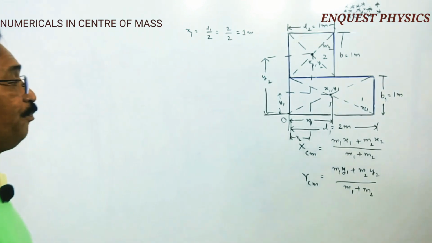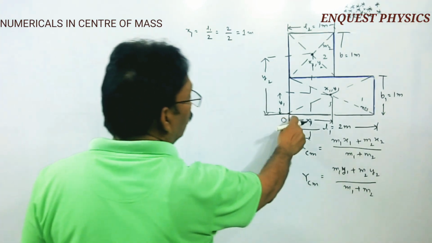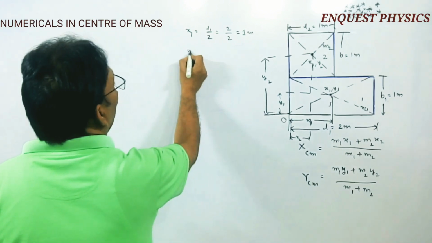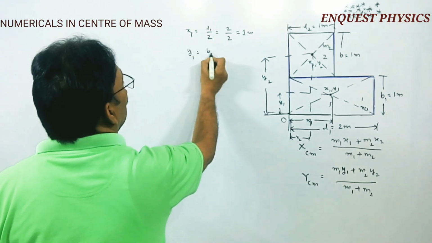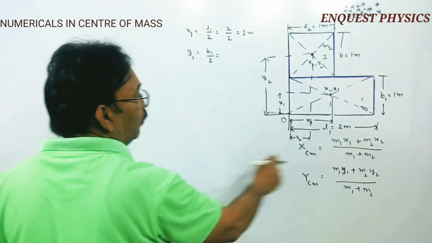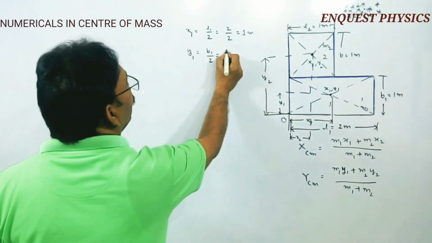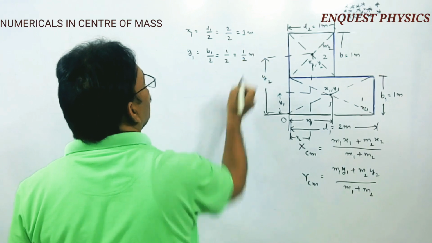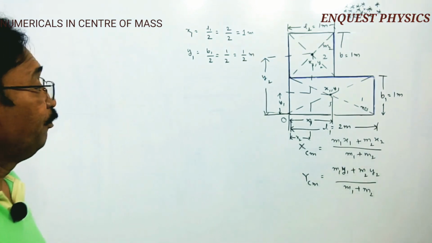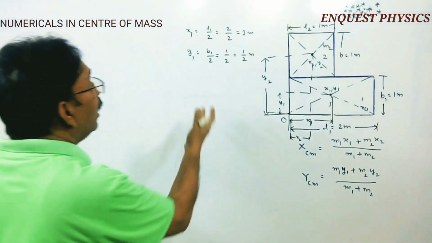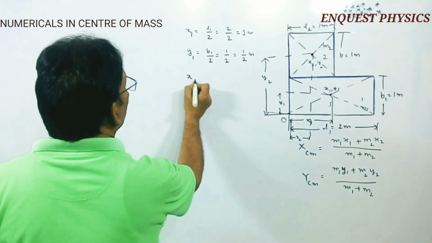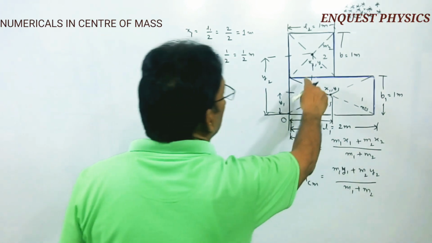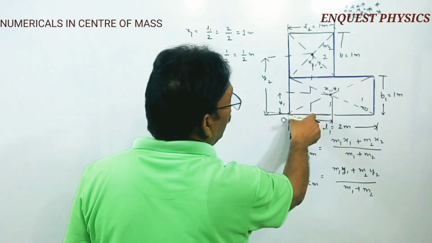Similarly, we have to find y1. y1 is equal to b1 by 2. The b1 is 1 meter, so 1 by 2, it is half meter. And we have to find x2. See this, it is the x2.